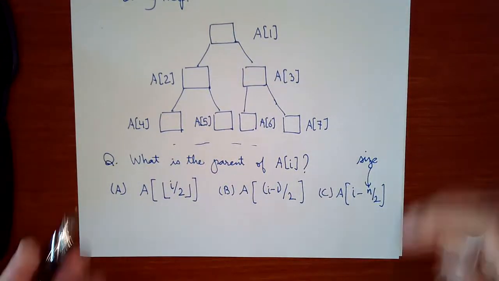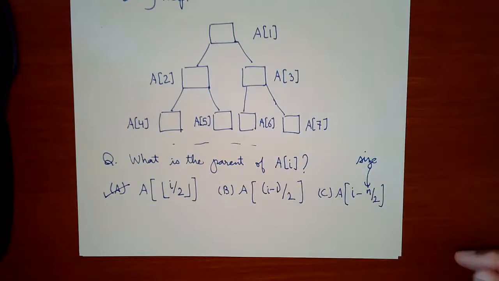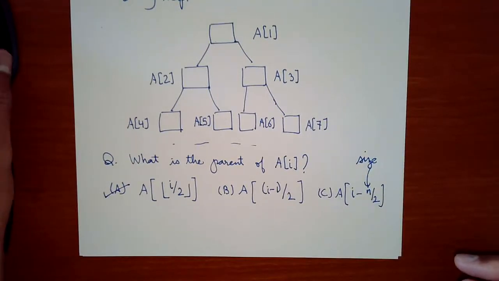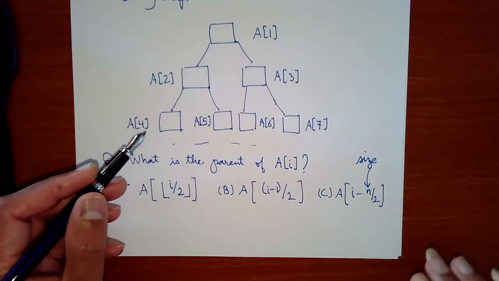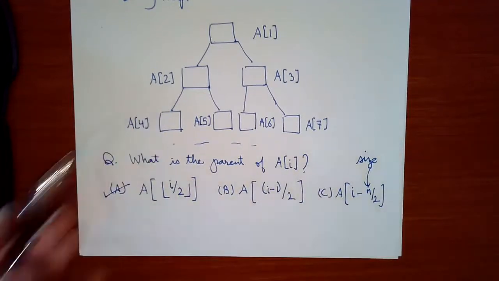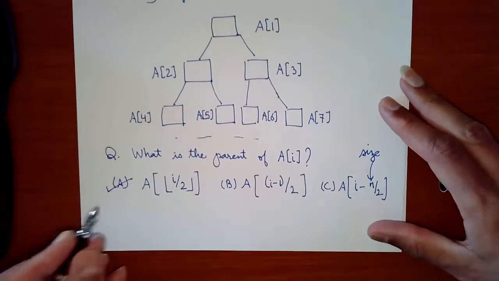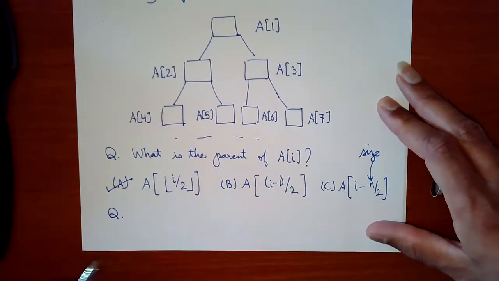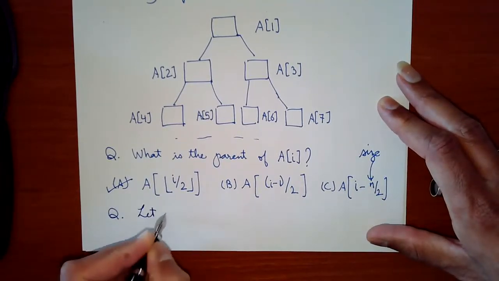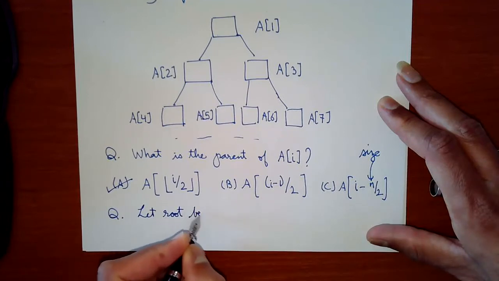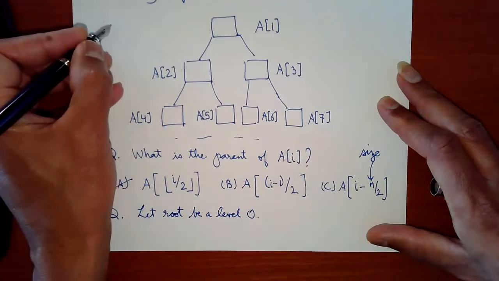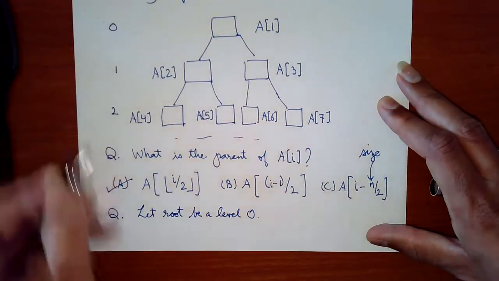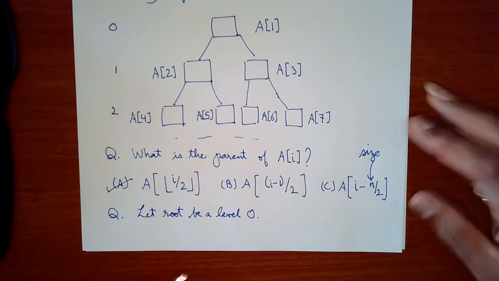Okay, so I think most of you see the answer. It's the floor of i over 2. What's really nice about this is that you don't even need to follow pointers. If you simply take the index and divide by 2, round down, you get to the parent. Okay, now here's my next question. Let the root be at level 0. So this is level 0, this is level 1, level 2, so on and so forth.